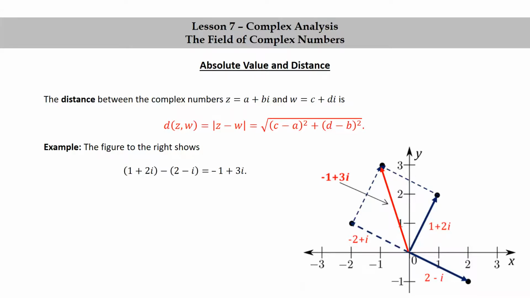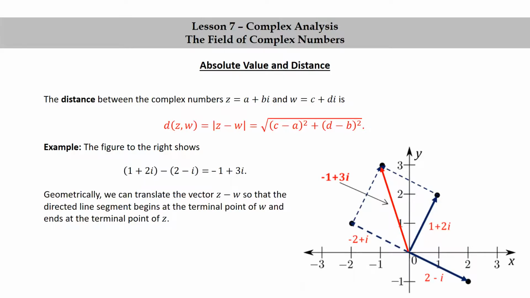Using 1 plus 2i and -2 plus i, we finished the parallelogram, and then we were able to draw the vector -1 plus 3i. That's geometrically equivalent to adding the vectors 1 plus 2i and -2 plus i, and that's equivalent to the subtraction that we wanted to show.